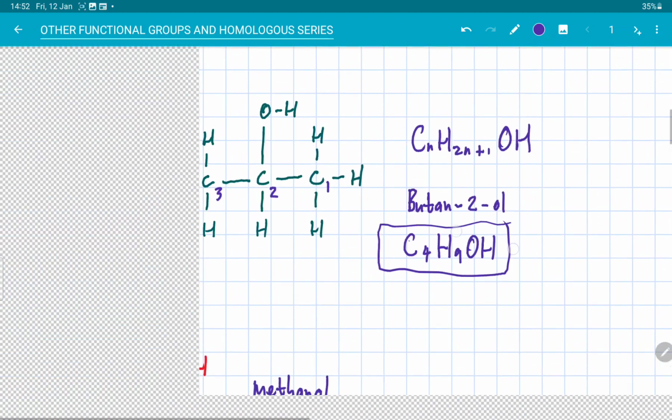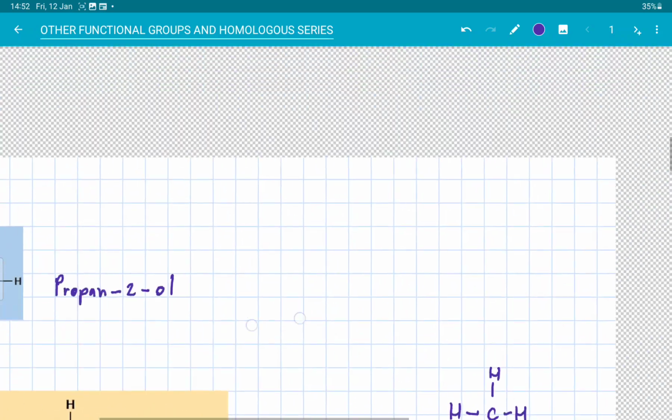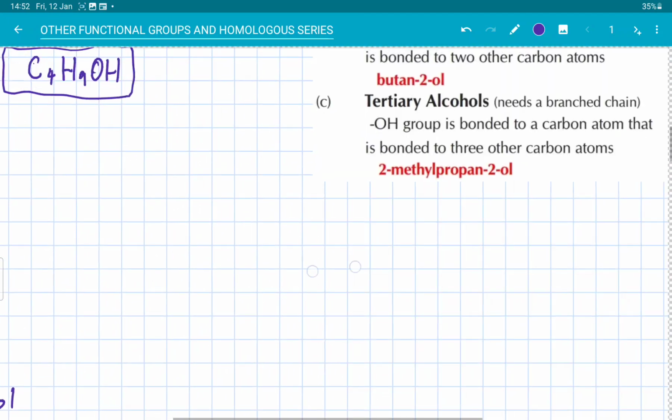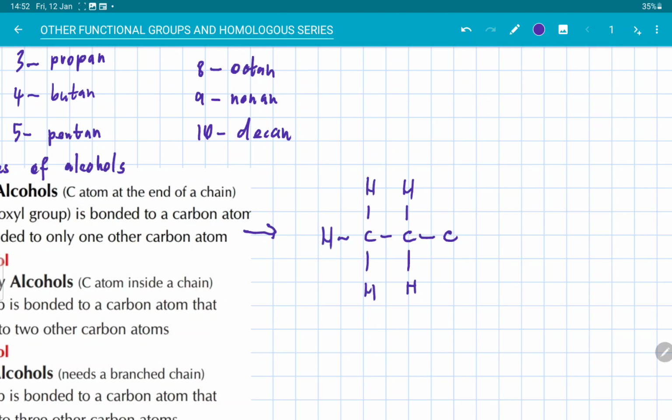An example of a primary alcohol will be like this: CCC with OH attached here to a carbon that is only attached to one other carbon atom.